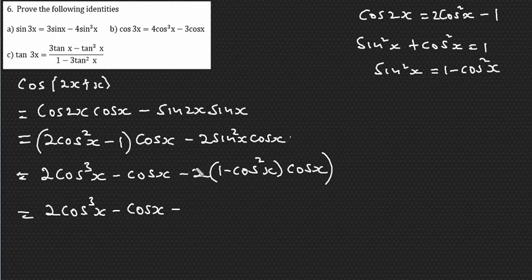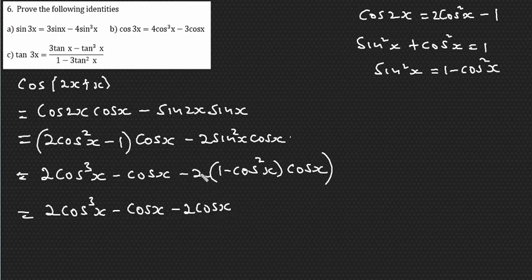Now there is a minus 2 and there is a cos out, so this is minus 2 cos times 1. Sorry, this is going to be minus 2 times 1, then times the cos, we get minus 2 cos x.